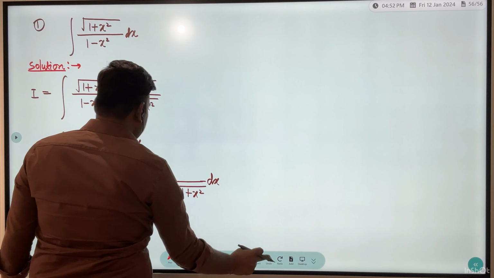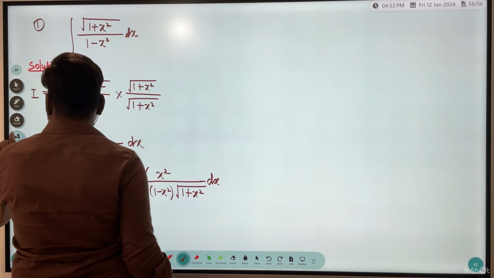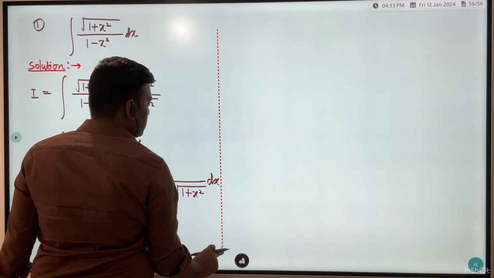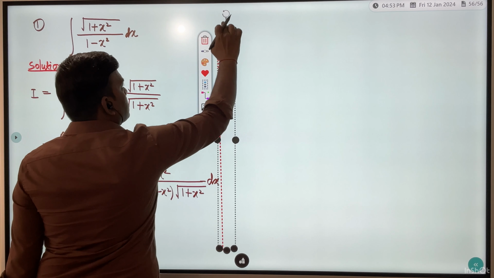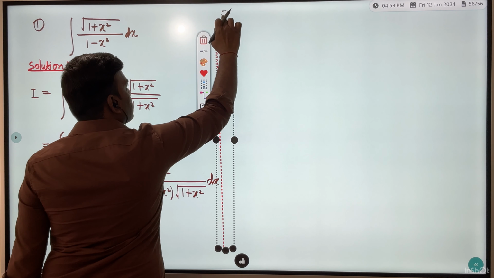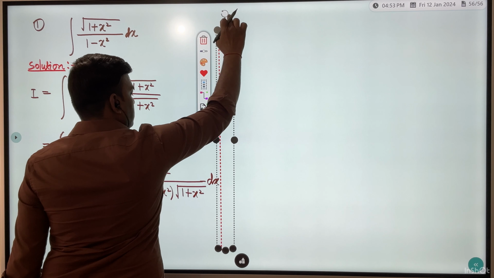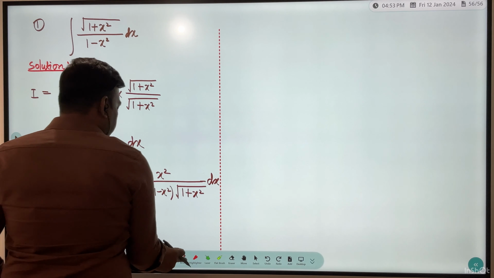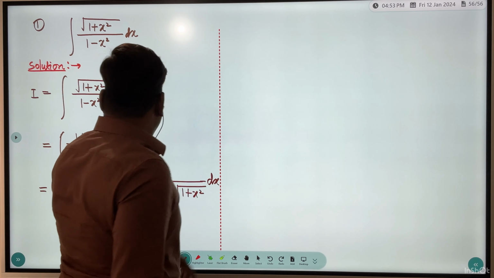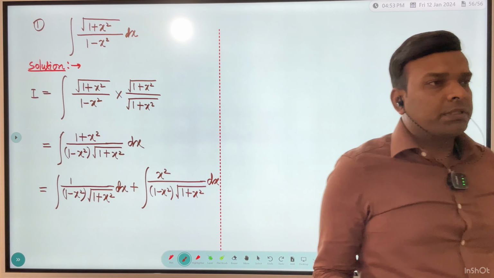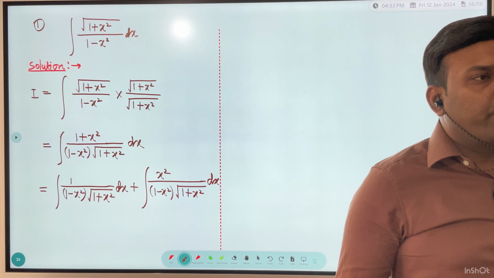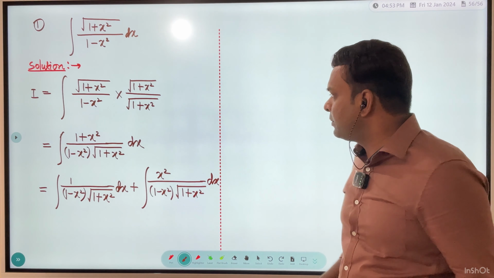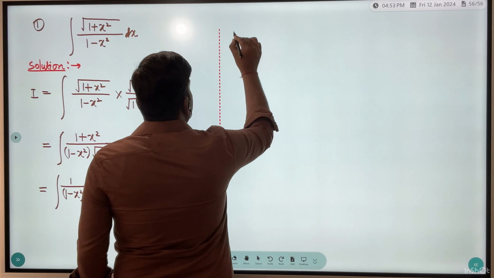We are just going to add plus 1 and minus 1, so that the original term will remain same. Why are we going to do this? We can cancel the 1 minus x square term in the denominator by simplifying the second integral term. So finally we are going to write down the second integral as minus of integral 1 minus x square minus 1.